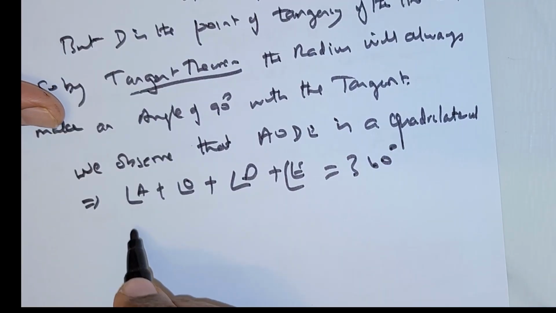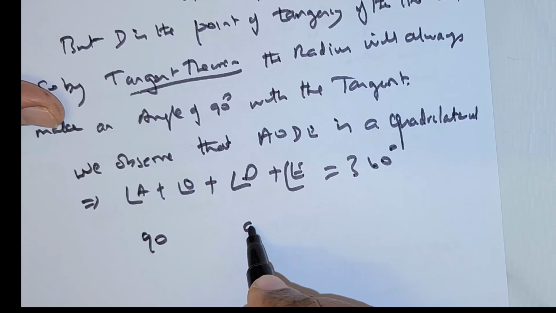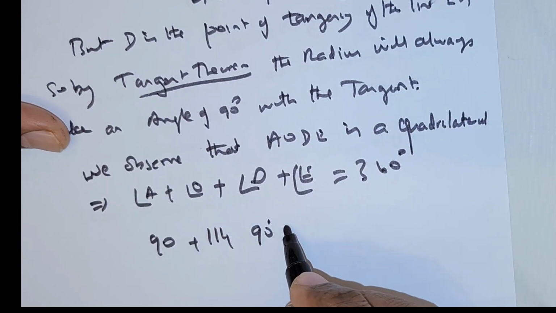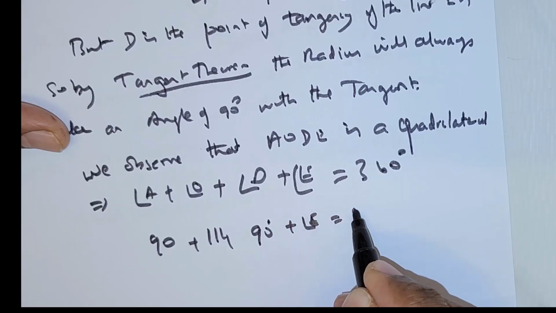So angle at A is 90, angle at D is 90, angle at O is 114, angle at E is what is required.